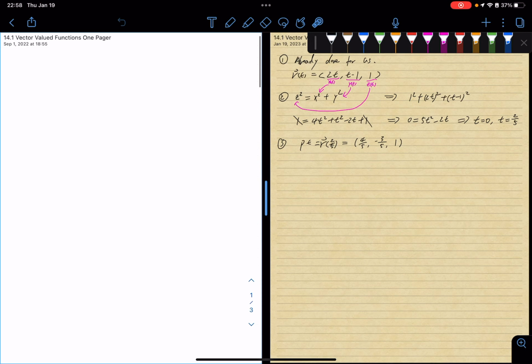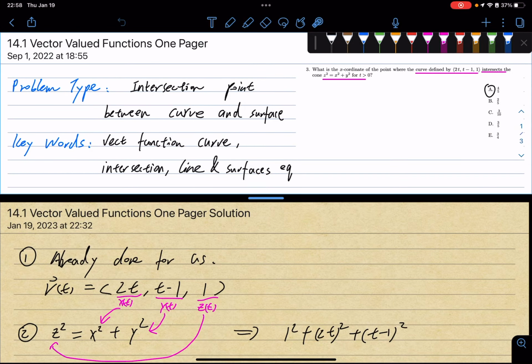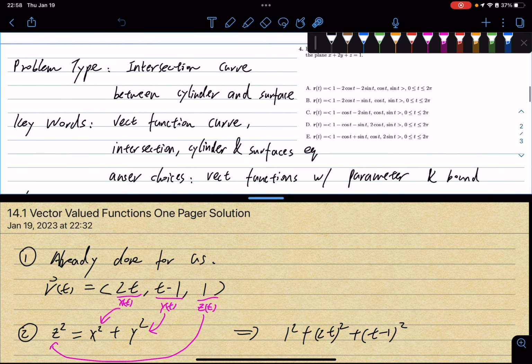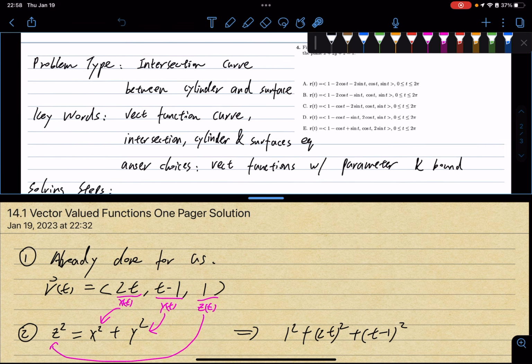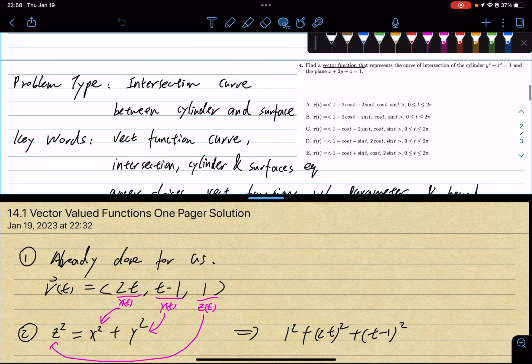Let me go ahead and return to these two documents, switch orientation, and move on to the next set of problems. This is a type of problem that is the intersection between a cylinder and a surface.